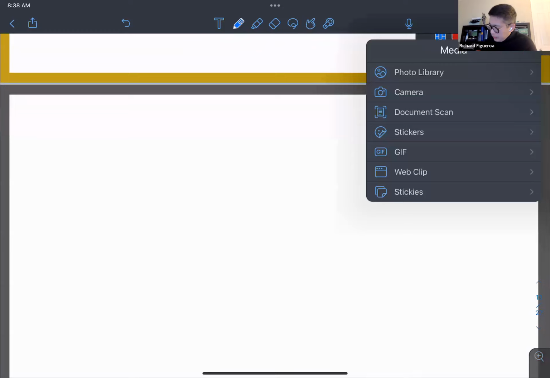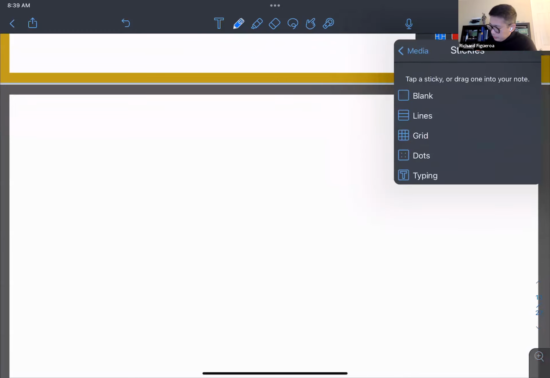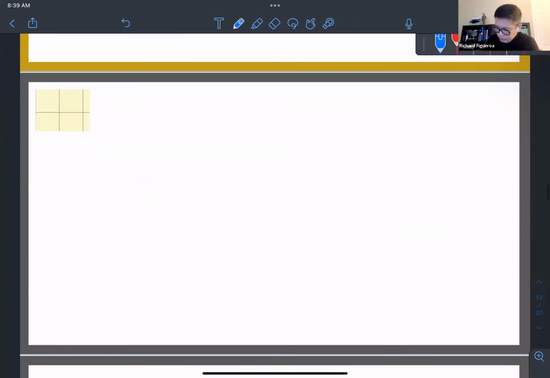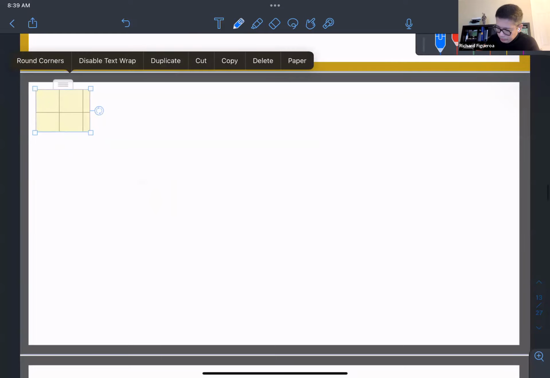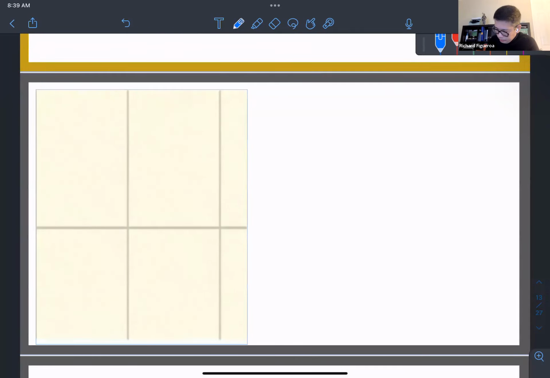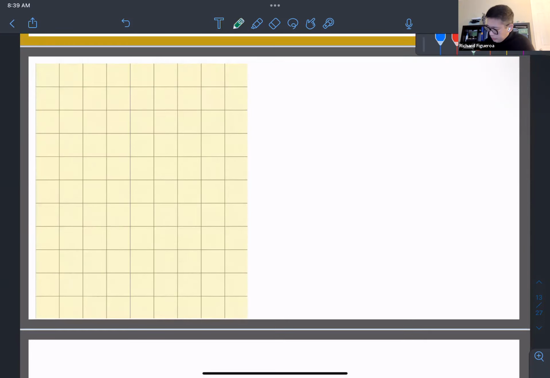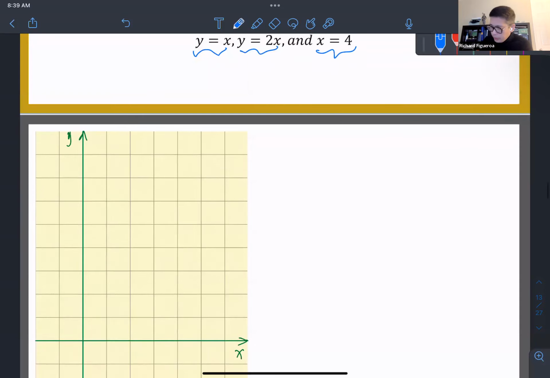So let me create, so this is the y-axis and then this is the x-axis. So we have three functions.